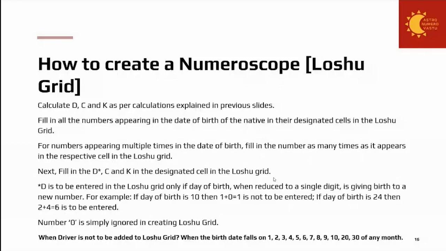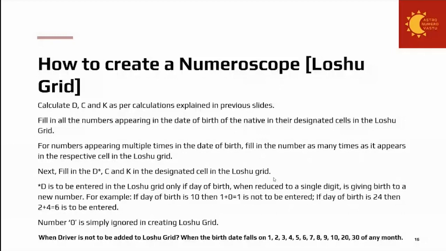So what is the rule? The rule is that when the birth date falls on the 1st, 2nd, 3rd, 4th, 5th, 6th, 7th, 8th, 9th, 10th, 20th, or 30th of any month, then you do not need to add the driver number to the Loshu grid.